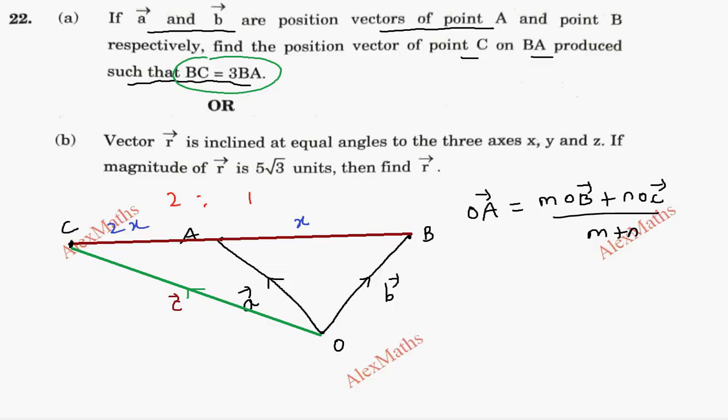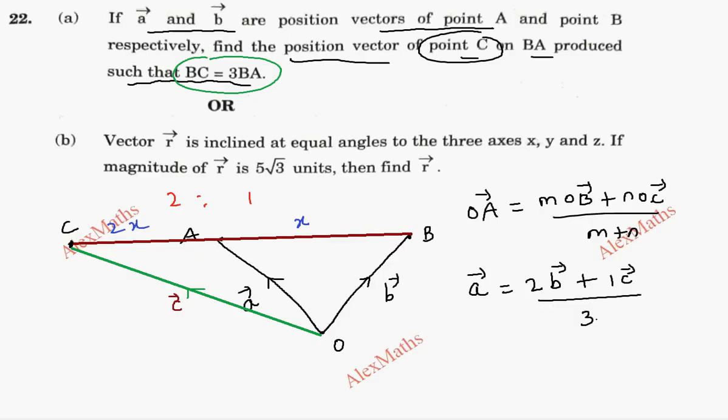So now we take, this is A vector equal to M OB, which is small b vector, plus N, which is 1, OC, that is c vector whole division 2 plus 1, which is 3. Since they want the position vector c, we have to find the position vector c.